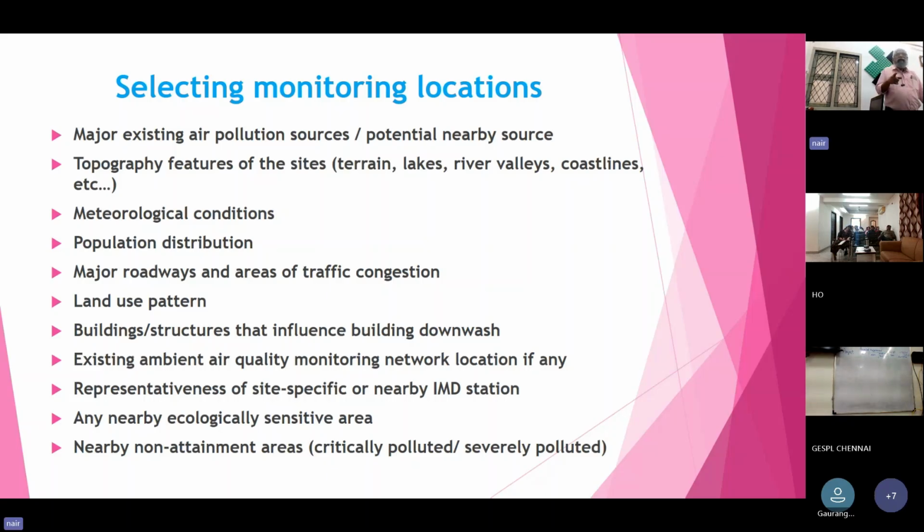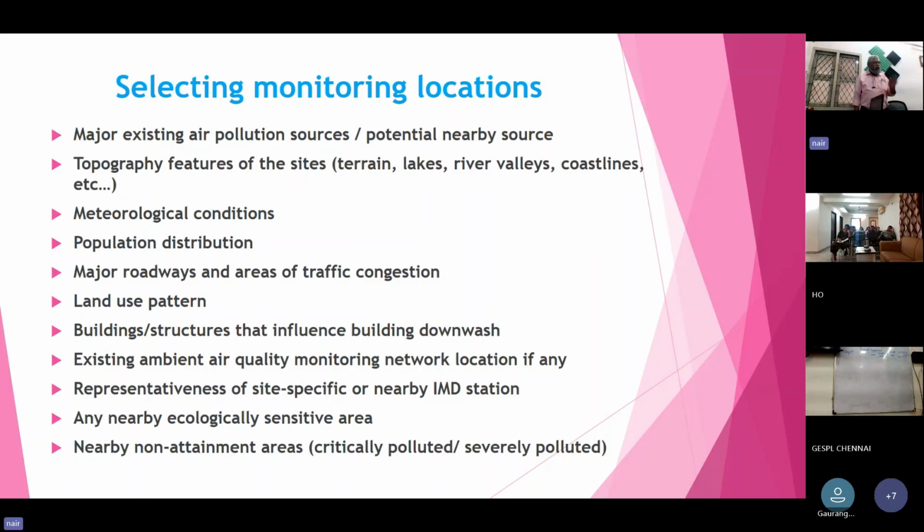And for human population, the highly dense areas, if it is a hospital area, a primary school area, or an area where old age homes are there, these are very important. So those areas should also be taken as monitoring locations.